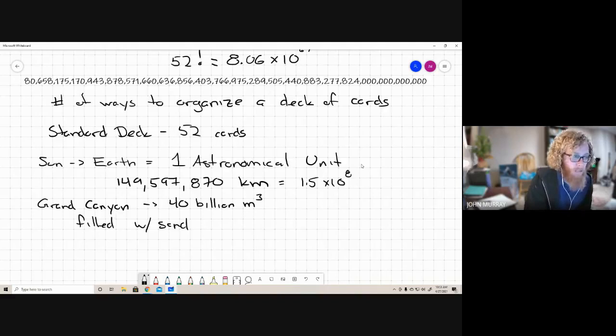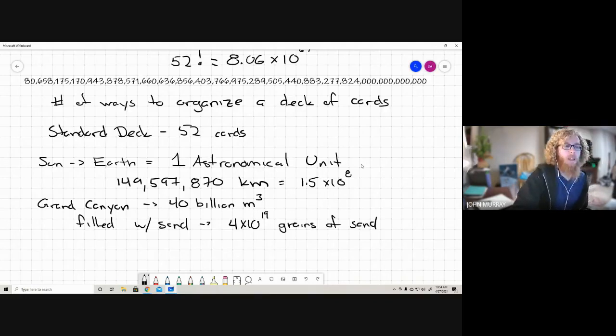If we filled the Grand Canyon with sand, it would take four times 10 to the 19th grains of sand to fill it.